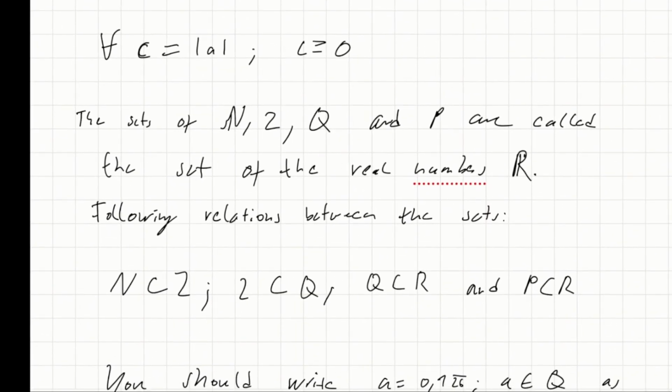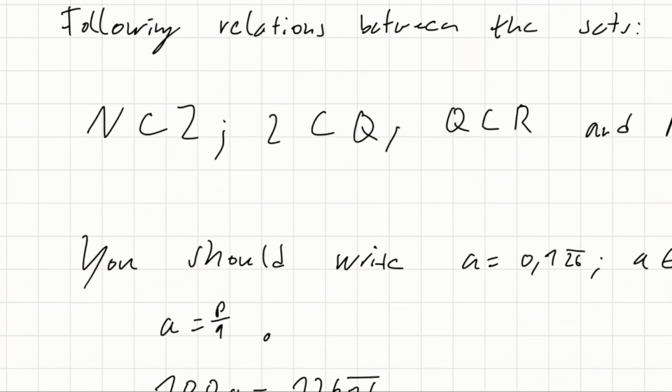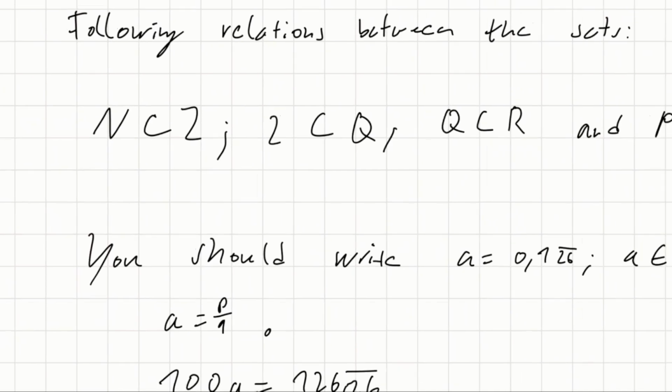The sets of the natural numbers, the integers, the rational numbers, and the irrational numbers are called the set of all real numbers. So there are the following relations between those sets.